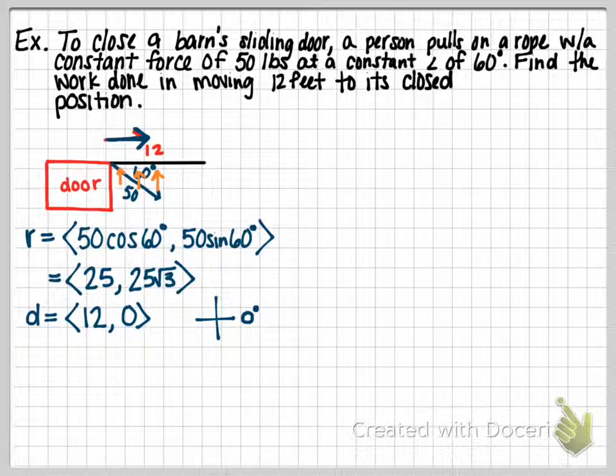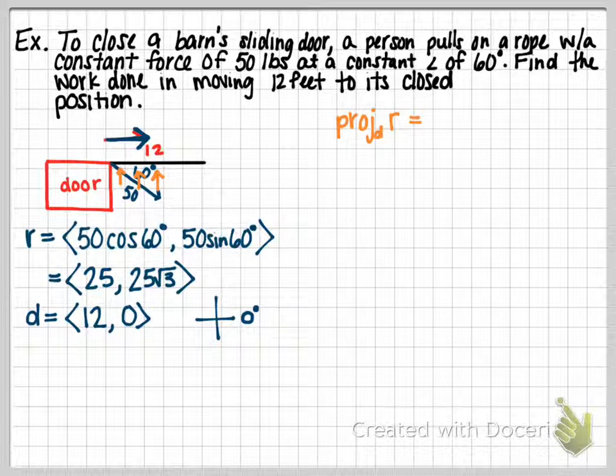So I want to project the door vector. I'm sorry, I want to project the rope vector onto the door vector. So I want the rope in the direction of the door.